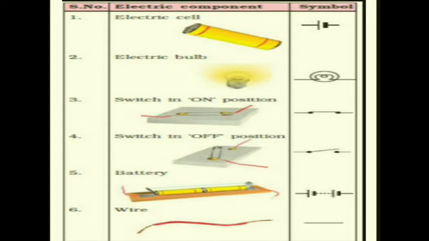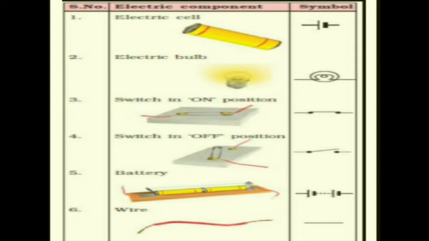Next is the switch. For a switch, the on position and the off position are represented by symbols. As you can see here, this is the on position and this is the off position.